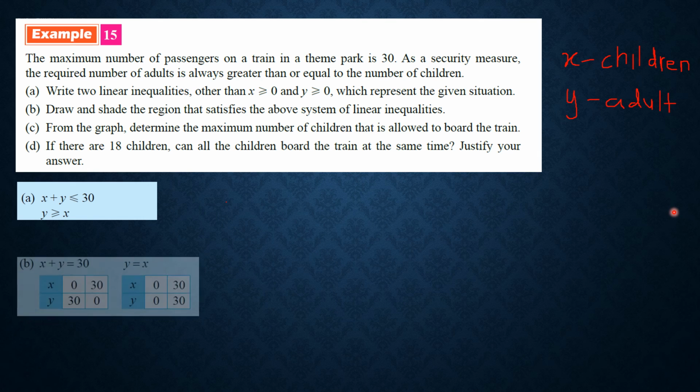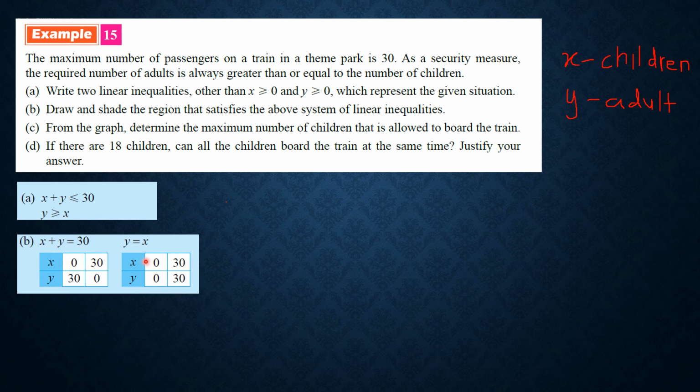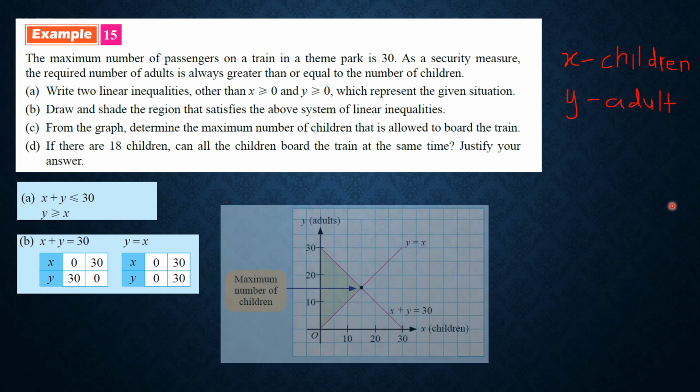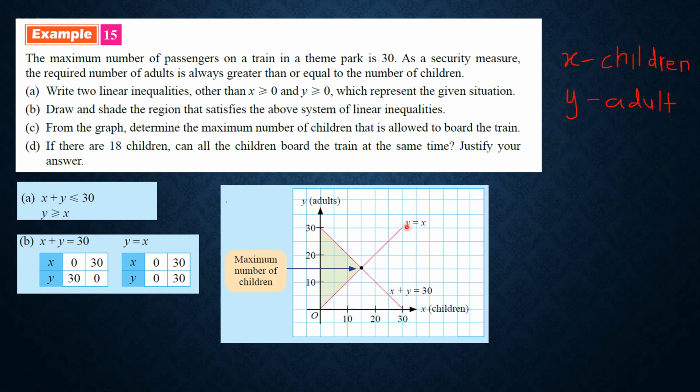Then we have to draw and shade the region. To draw a straight line, you need any 2 points. So for X plus Y equals 30, you find any 2 points. Then for Y equals X also, you find any 2 points. Then you draw the lines Y equals X and X plus Y equals 30.